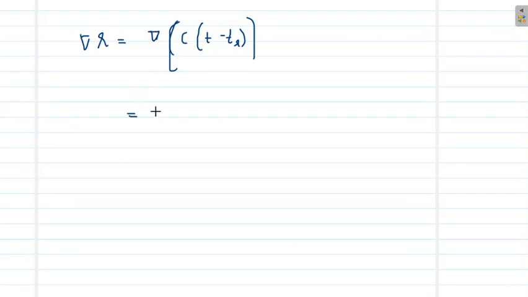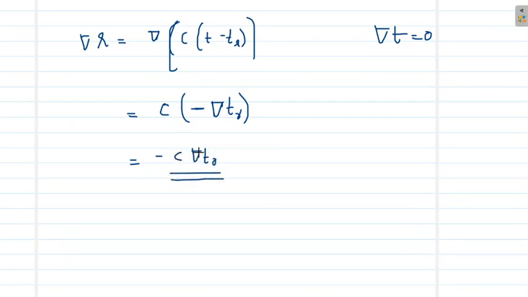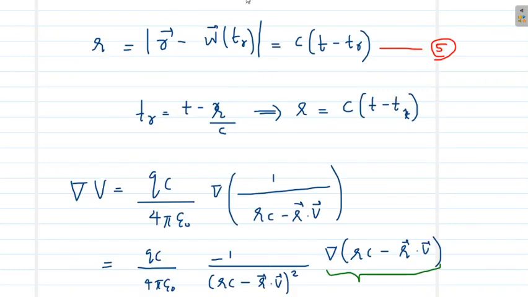So it is equal to c into minus del tr, because we know del t is 0 and tr is the only term that has any dependence on the position coordinates x, y and z. So it is c into minus del tr, which is equal to minus c del tr.